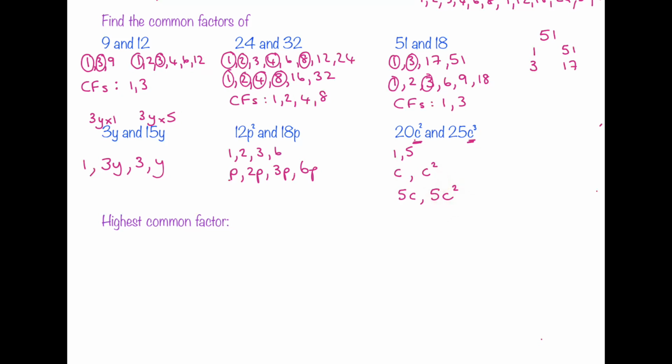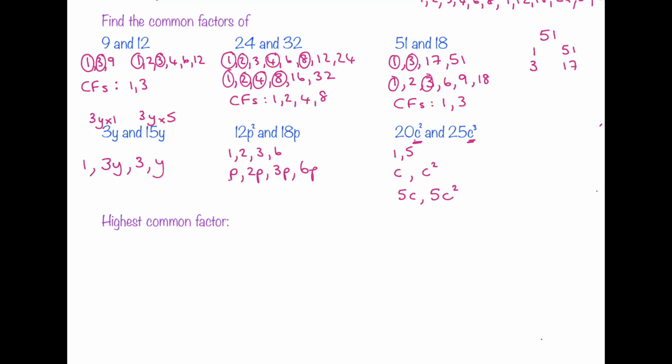Right, so now we're going to look for a moment at highest common factor. So the highest common factor is the biggest thing that goes into 2 or more terms. So just a second, I'm going to grab myself a nice little highlighter here. And there we go. Right, so if we're looking at highest common factor, it's the biggest thing that goes into both.